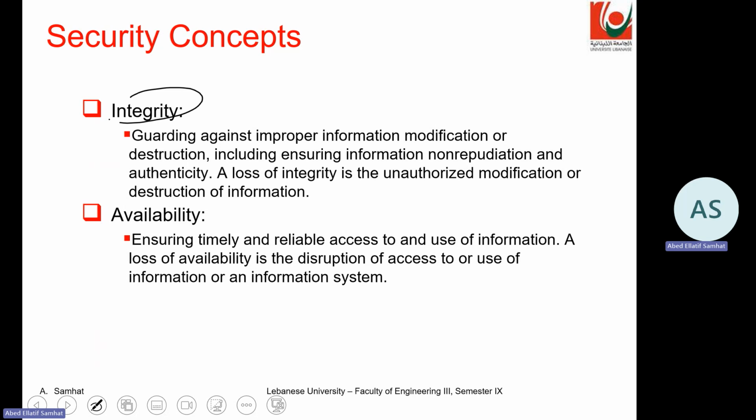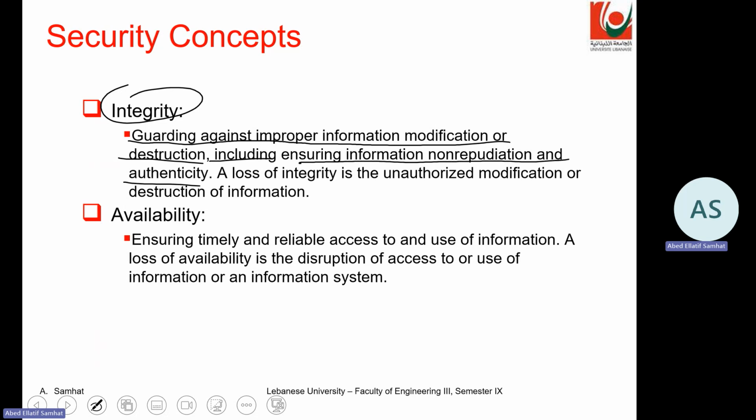For integrity, it's another important concept where we should be sure that the information is safe from any modification. So it's guarding against improper information modification or destruction, including ensuring information non-repudiation and authenticity.